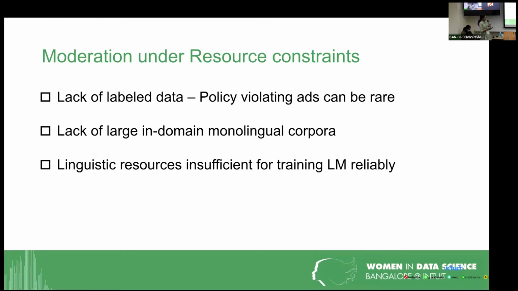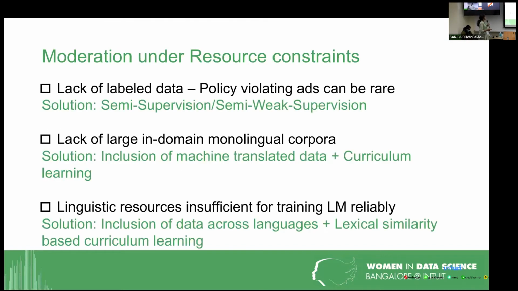So then what can we do about it, right? There are three things we can do. One, we can use semi-supervised techniques. Another thing, for a single language, if you are trying to build a model and data sets are available in different languages, is to use machine translation to enrich the data and then use it. But rather than using it straightforwardly, if we use a concept called curriculum learning, we see that it gives better performance.